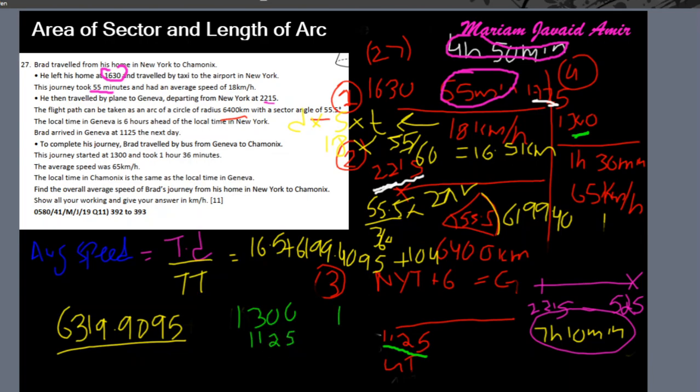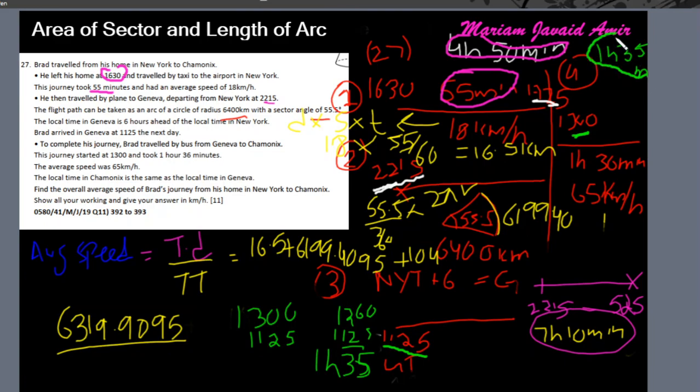So I can write 12:60 minus 11:25. Subtract this, 60 minus 25 gives me 35, and 12 minus 11 gives me 1. So 1 hour 35 minutes. Let me write that down here. 1 hour 35 minutes is his wait time to catch the bus.